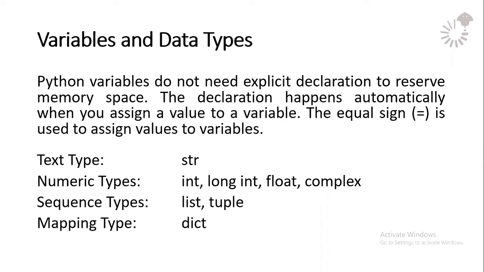Next, sequence type or sets, we have lists and tuples, and mapping, dictionary. So, magkakamag-anak yan. If you are familiar with arrays in Java and other languages, ito yung equivalent niya sa Python. List, tuple, dictionary, ito yung array. Meaning these are a set, a collection of objects.